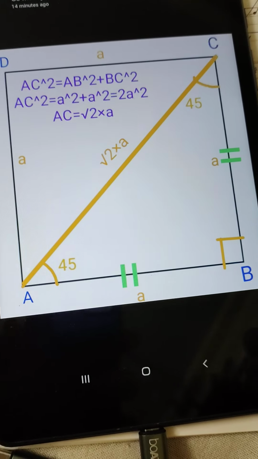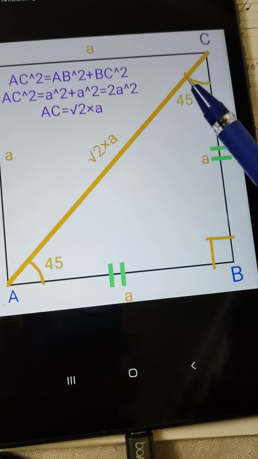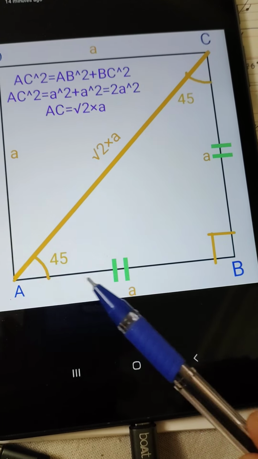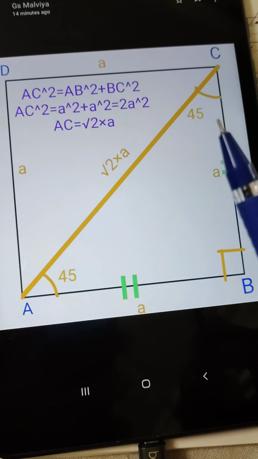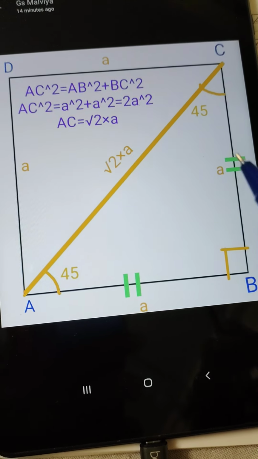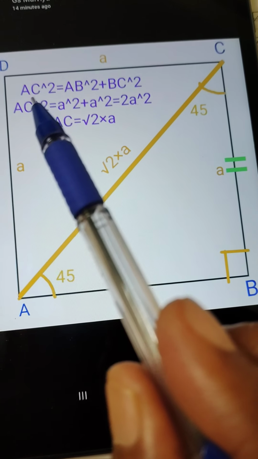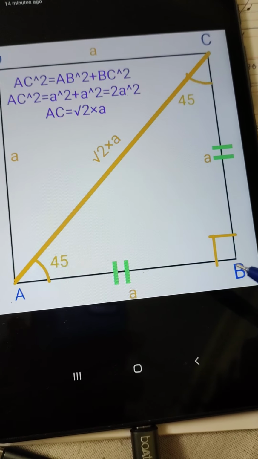So how can we calculate this diagonal or hypotenuse of this triangle? You can calculate it by the Pythagoras theorem. What does the Pythagoras theorem say?